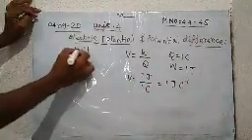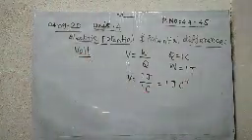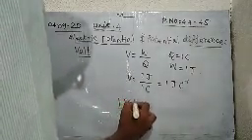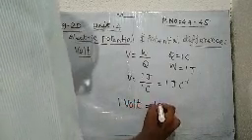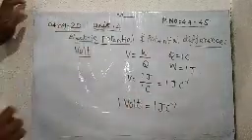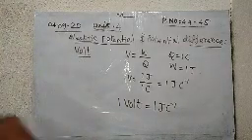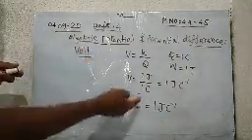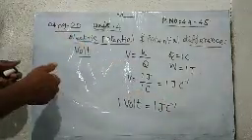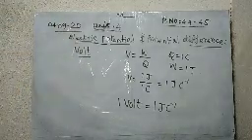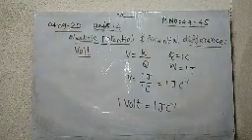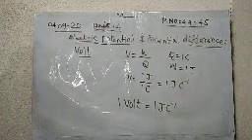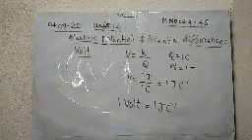Then the SI unit of potential difference or potential is volt, therefore 1 volt is equal to 1 joule per coulomb. From this expression, we are able to define 1 volt as the amount of work done in moving a 1 coulomb charge from one point of the conductor to another point of the conductor.